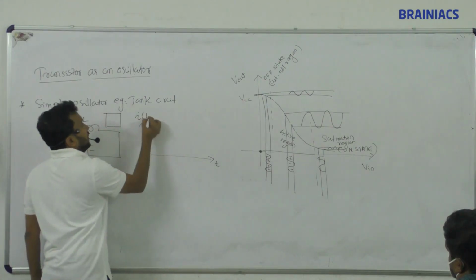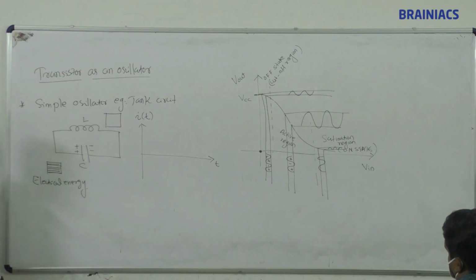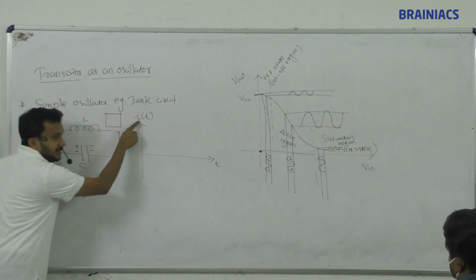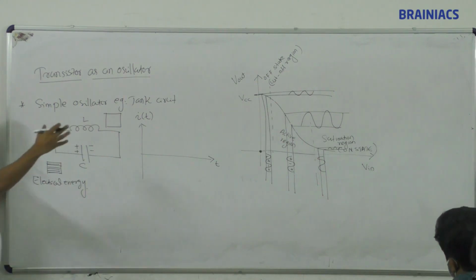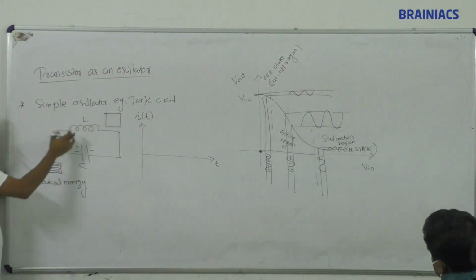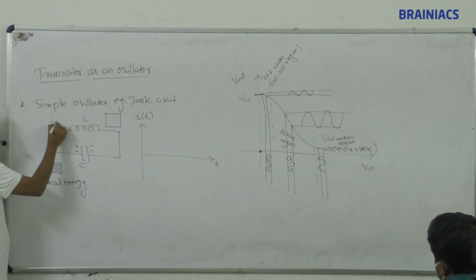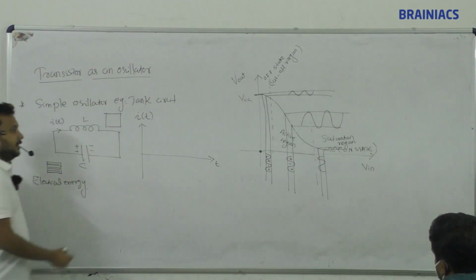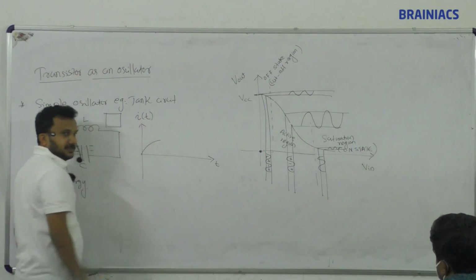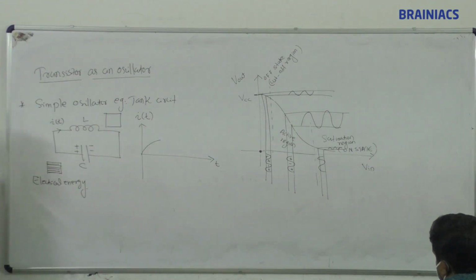I of t means current is changing with respect to time, the current through the coil. As time increases, the current keeps on increasing.